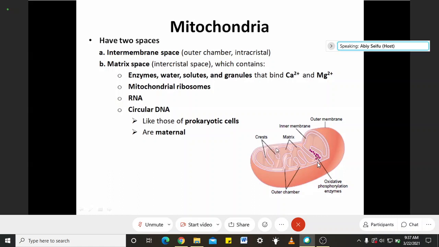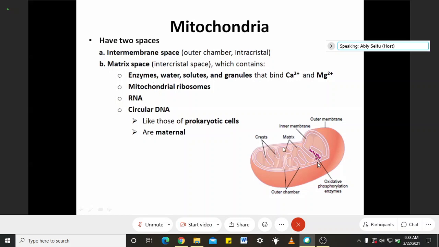It is running deep into the cristae. So this space is also known as the intracristal space. It is a space found within the cristae. It is not found between the cristae, like the one named the intercristal space.